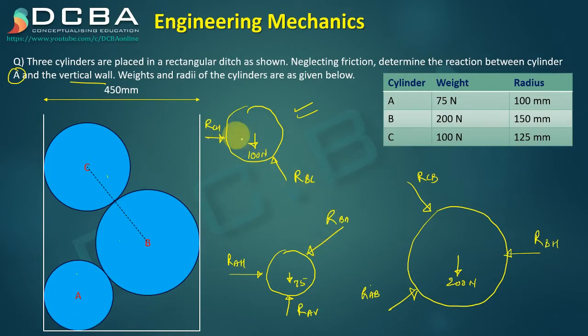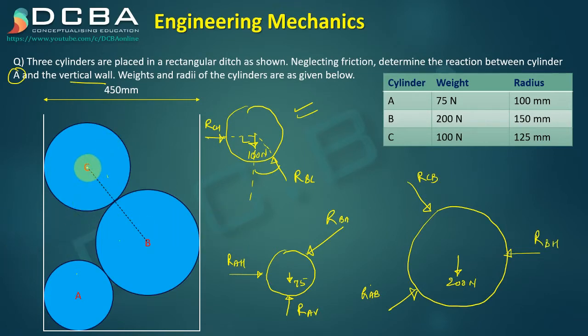Now to apply Lami's theorem, we need to understand this angle. The angle between RCH and the 100 newton force is 90 degrees, so that need not be found separately, but we need to find this angle between RBC and the 100 newtons. So how do we find that?